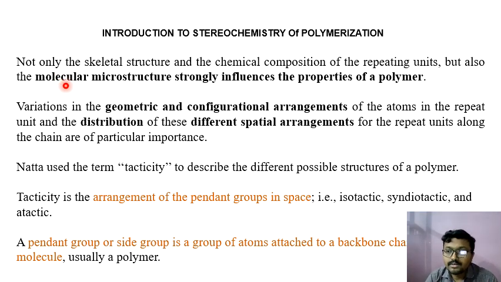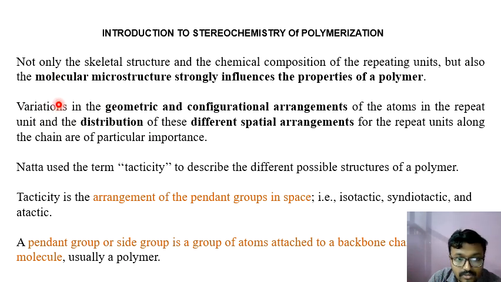The second monomer unit also may have R chirality or S chirality, right? The second monomer unit has R chirality in one polymer. In another polymer, let's say the second monomer unit has S chirality. So between these two polymers, what is the difference? One polymer has R configuration, another polymer has RS-like configuration, right? So depending on this microstructure, properties of polymer will change, right?